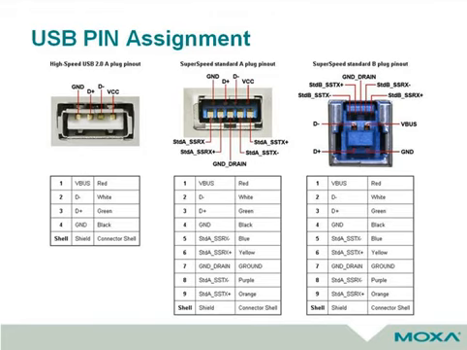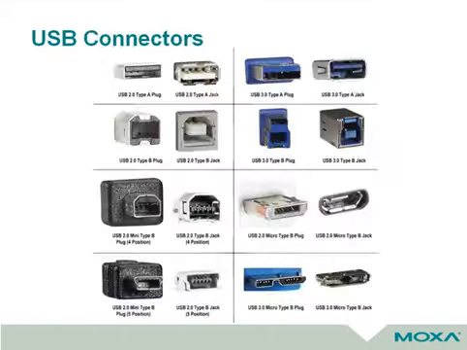Since USB 2.0 and USB 3.0 ports may coexist on the same machine and look similar, the USB 3.0 connector has a blue insert. This slide shows all the different kinds of connectors, and each type of connector will include the plug and the jacks.